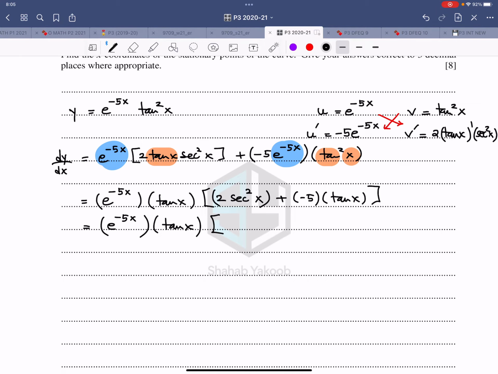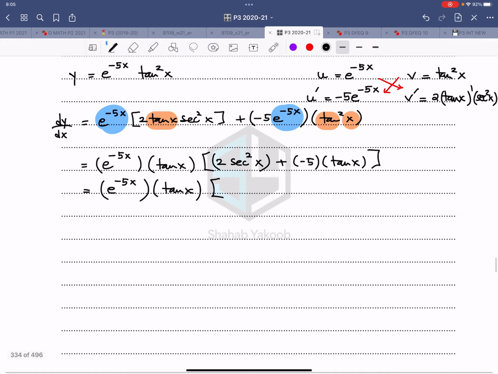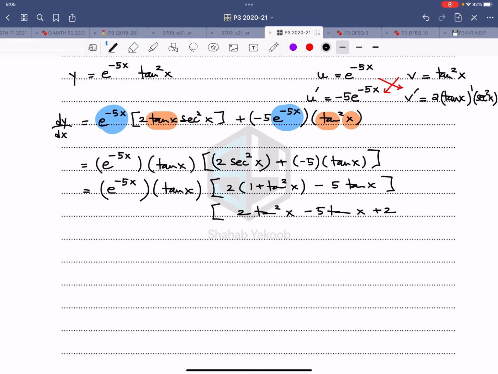So this is 1 plus tan square x minus 5 tangent x. So therefore this is 2 tan square x minus 5 tangent x plus 2. If I'm not mistaken, this is what I get: tangent x times e raised to power of minus 5x times this, is dy by dx.